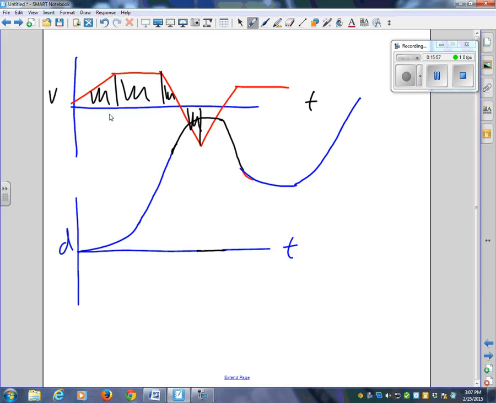Have I gone back to my chair? I did the first 3 parts: I sped up, I maintained the constant speed, and then I went back to 0.